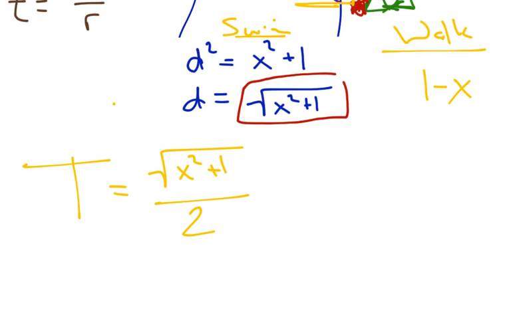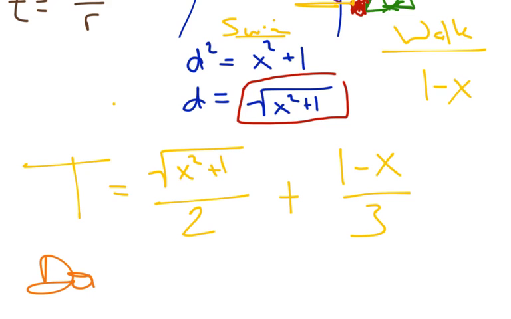So luckily this is still a pre-calc level question. And then plus 1 minus x divided by 3, that's the distance we're going to walk divided by the rate at which we're going to walk, which will give us the time we're going to walk. This is what we're going to minimize.